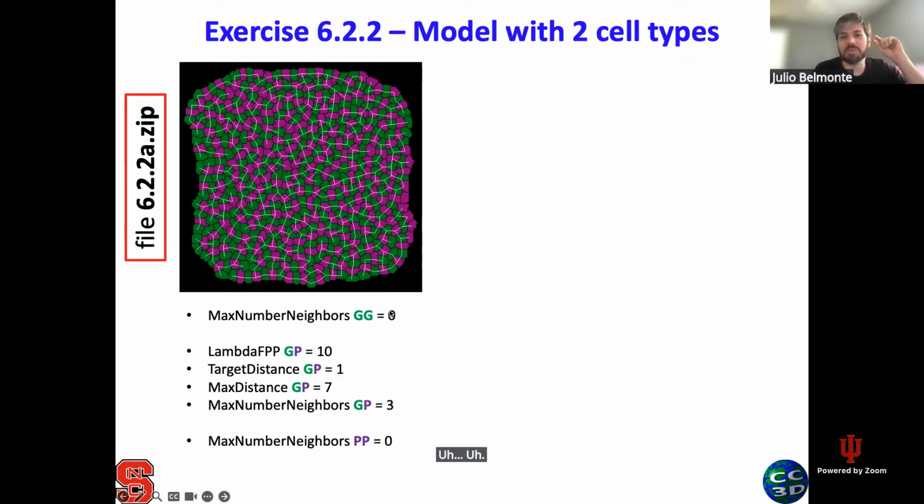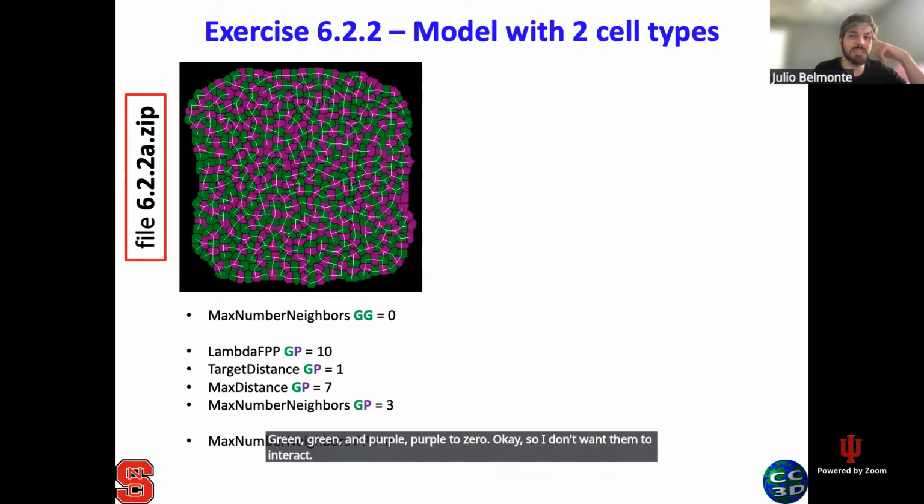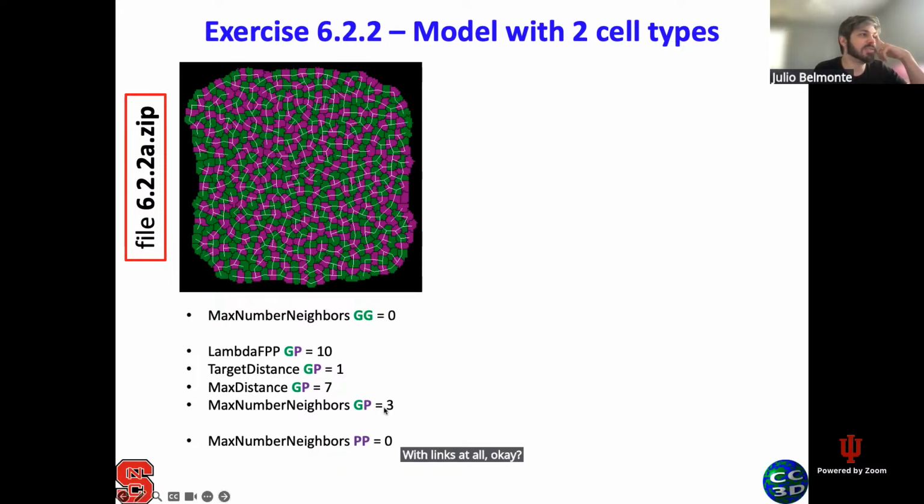I went more extreme. I set the maximum number of neighbors between green and purple to 0. Okay, so I don't want them to interact with links at all. And I only change the green-purple interaction. I leave lambda equal to 10, the target distance to be 1.